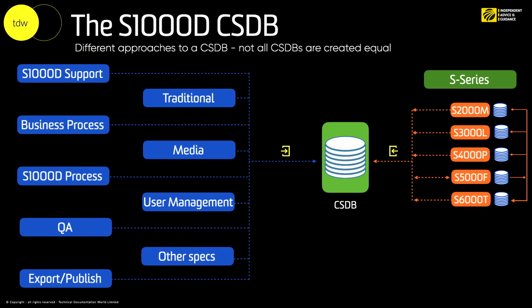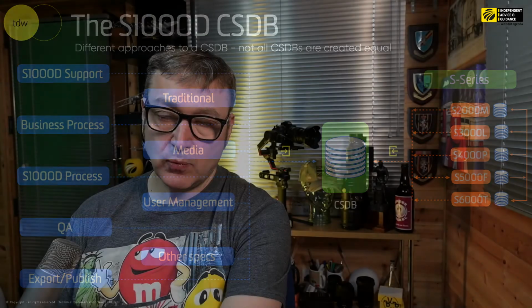So to answer your question, can we use it to support the S series? When we talk about the S series as a whole, we're talking about areas of those specifications that are important to us within the S1000D technical publications environment.